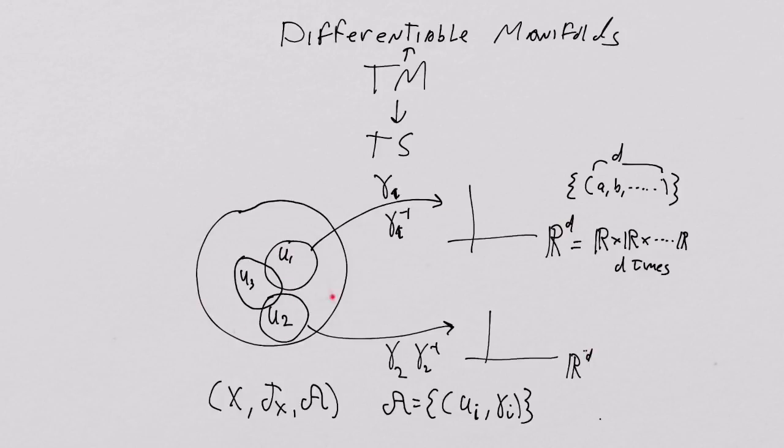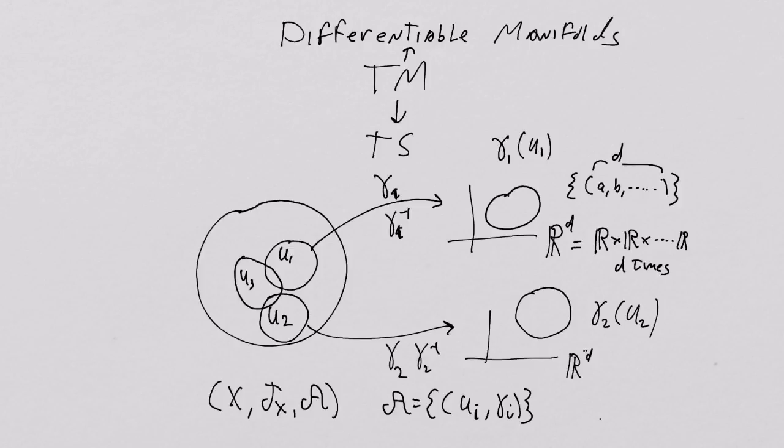All of these charts cover the entire topological space, and that forms your atlas. And each chart region is locally homeomorphic to some region of Euclidean space. In this case, that region would be gamma 1 U1, and over here, that region would be gamma 2 U2.